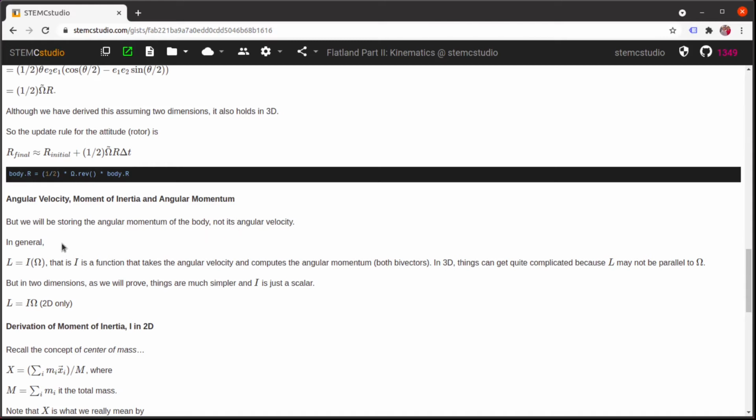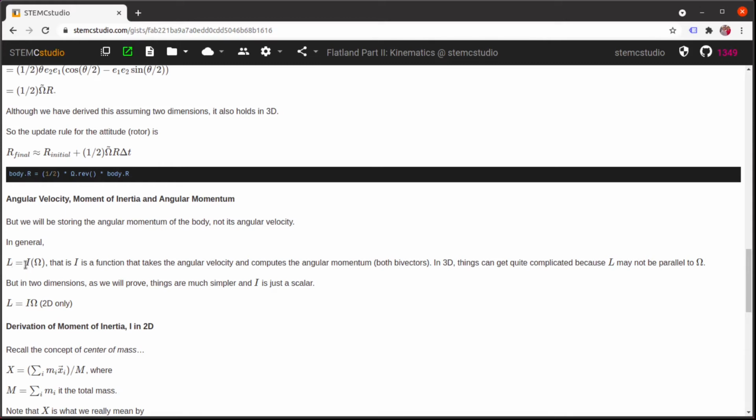All right, so here I'm going to give you the preview, and then we're actually going to do the derivation. So in general, what we're going to find is that the angular momentum is connected to the angular velocity, and both of these are bivectors, through a function. Okay, this function I, where you drop in an angular velocity as a bivector, and it gives an angular momentum bivector out.